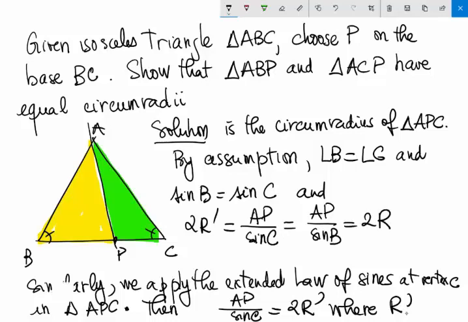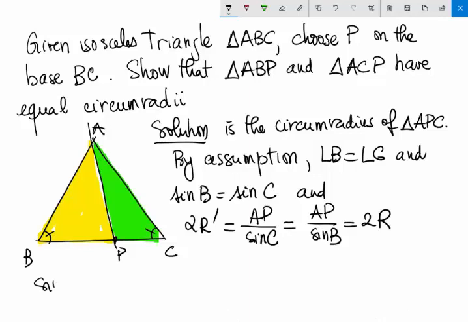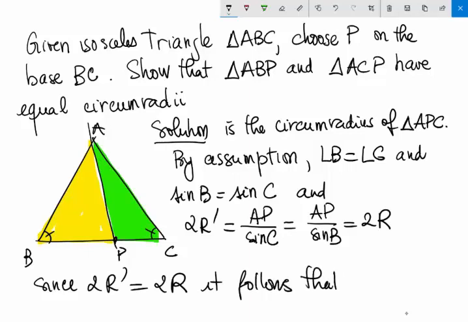So we have now that 2R prime is equal to 2R. So since 2R prime is equal to 2R, it follows that R prime must be equal to R.